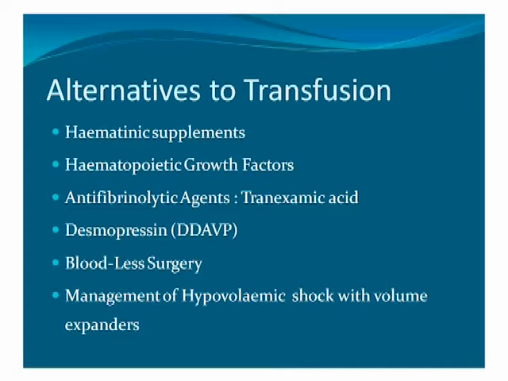There are other alternatives to increase the level of hemoglobin, and one of them is hematinic supplement. So you can treat your patient who has iron deficiency or vitamin B12 deficiency before they have the surgical procedure, and you take them in the best condition. Another alternative to transfusion will be hematopoietic growth factors, that is erythropoietin.